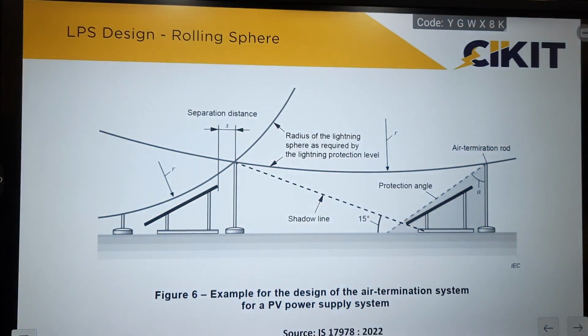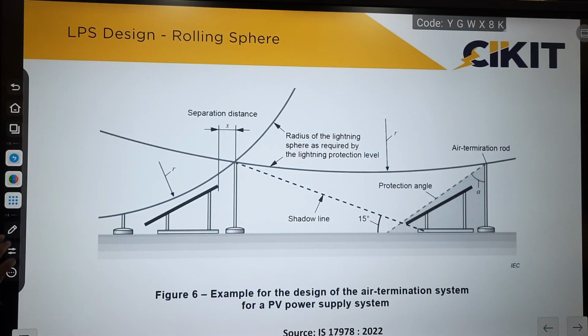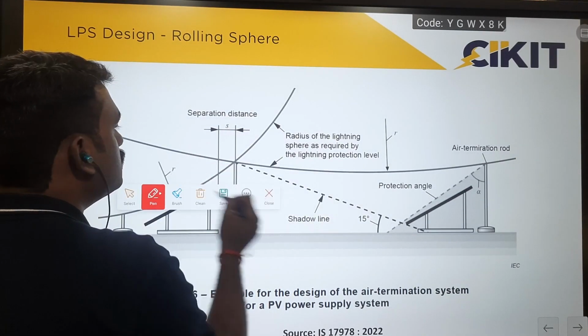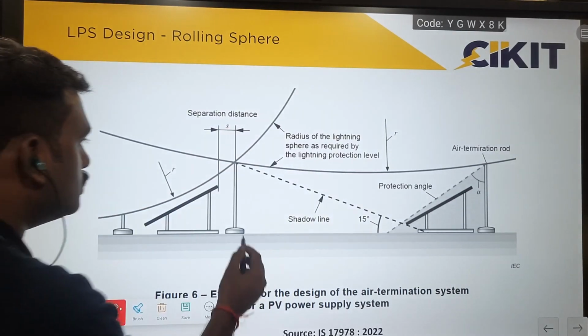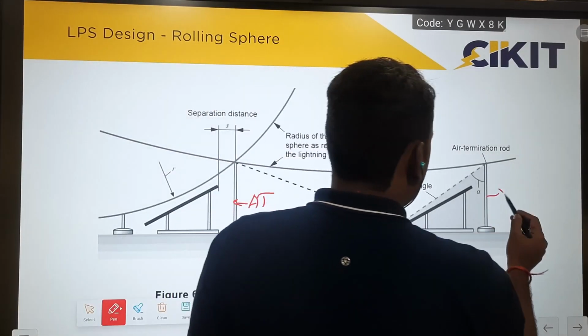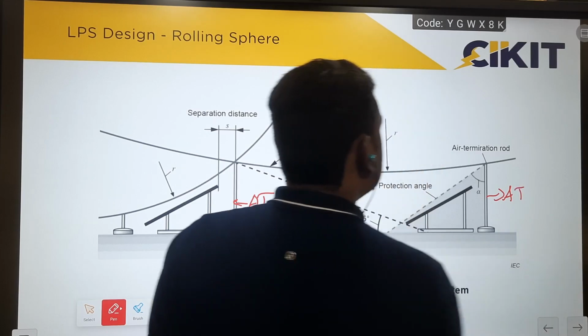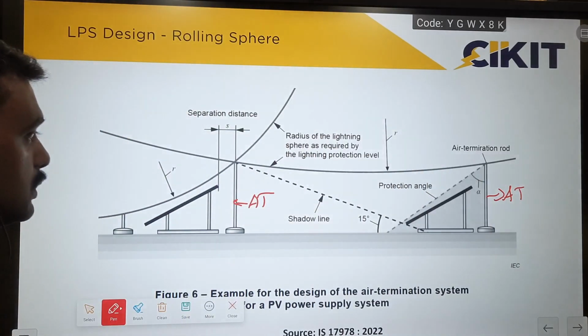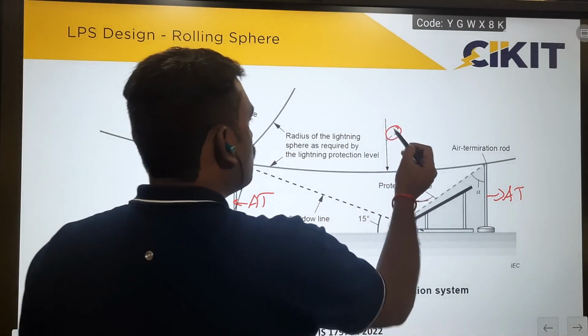So this is a reference provided by IS 17978. In this we can see that the sphere is rolled between two air terminals. Here they are rolling an imaginary sphere over the air terminals, and they have set the radius as r.